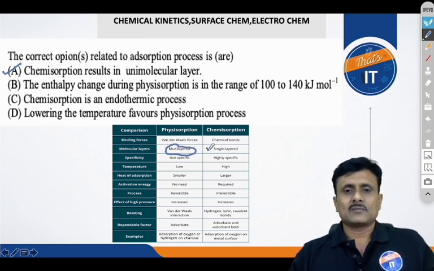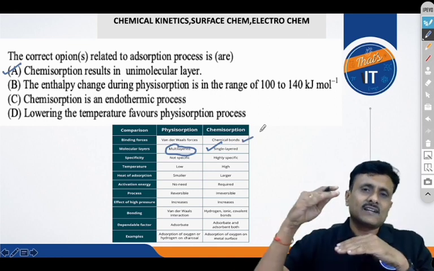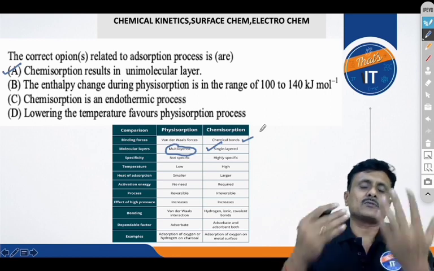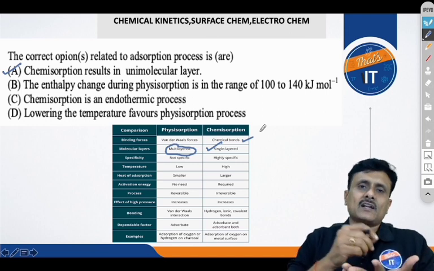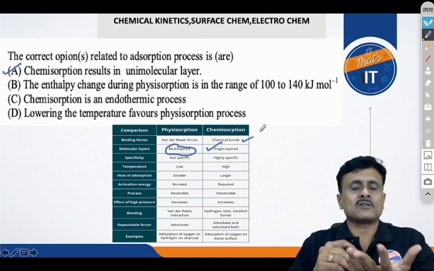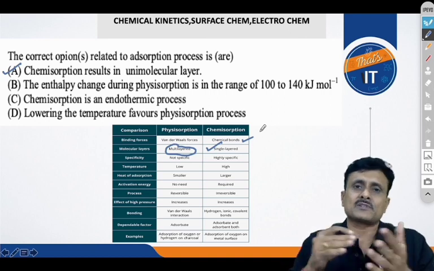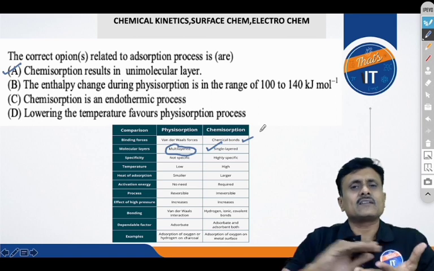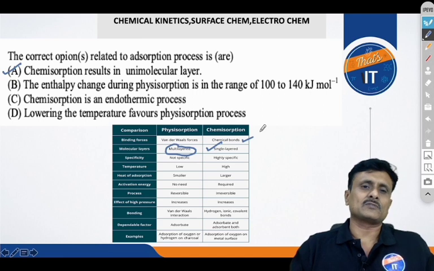Whereas in chemisorption, because a strong chemical bond is formed, it will not let another layer accumulate on it. Like you are writing some script on white paper and you are just able to shade it or darken it, but you are not able to write another piece of information on the same document, isn't it? So it is a single layer process that takes place in chemisorption, right?